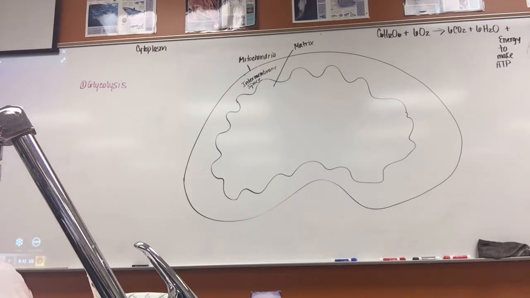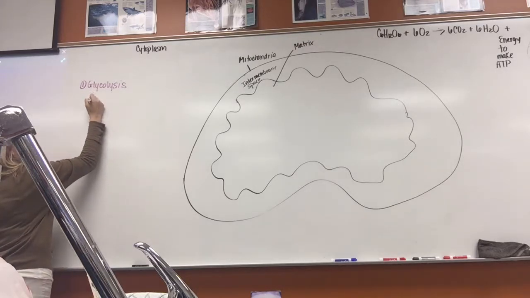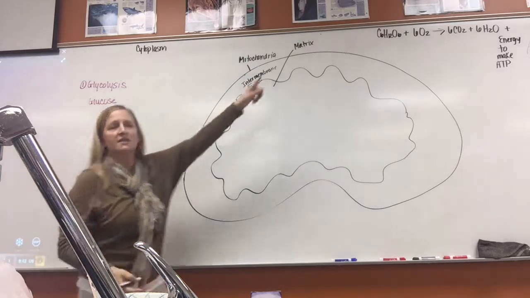With these reactions, we don't have to memorize all these intermediates and so on. We need to understand the big picture. And even the big picture may seem like it's a lot of stuff. So glycolysis, what molecule do we start out with? Glucose, right? We start out with glucose at the very beginning, and glucose is C6H12O6.